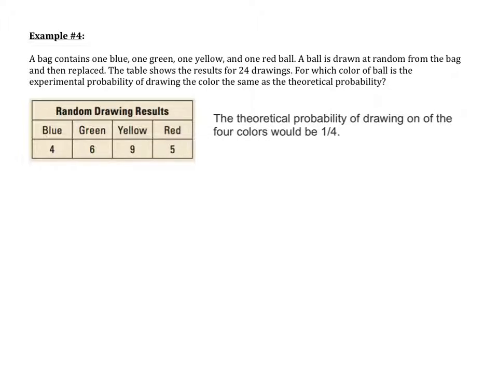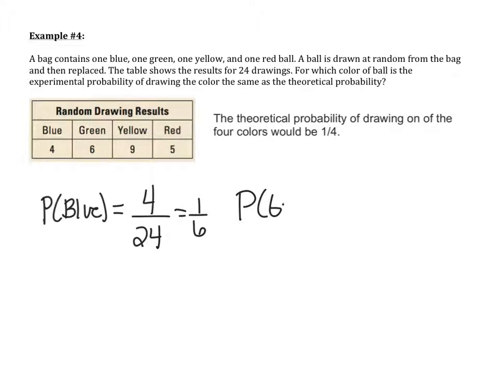So the probability that you got a blue ball would be 4 out of the 24 times that the balls were drawn. So 4 over 24 in lowest terms is 1/6. The probability that you draw a green ball was 6 out of 24, which is equal to 1/4. So we know that the theoretical probability and experimental probability of drawing a green ball are the same, but let's just see what yellow and red give us too.